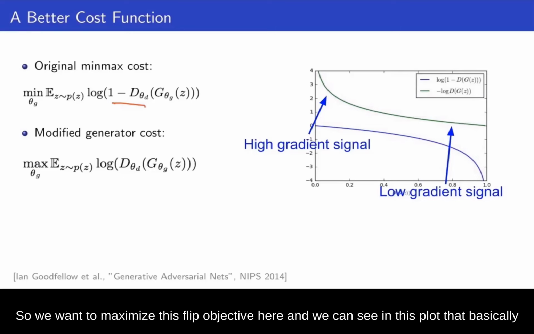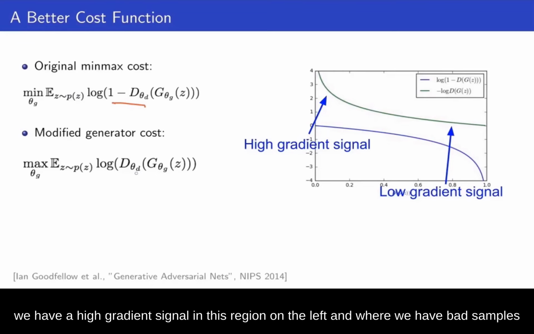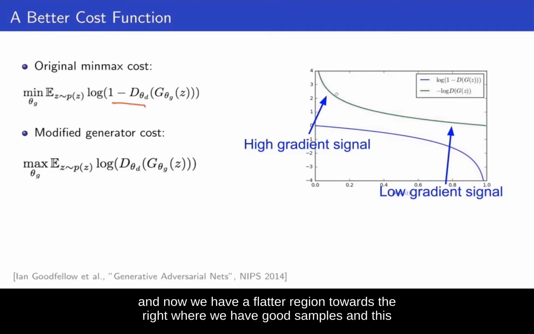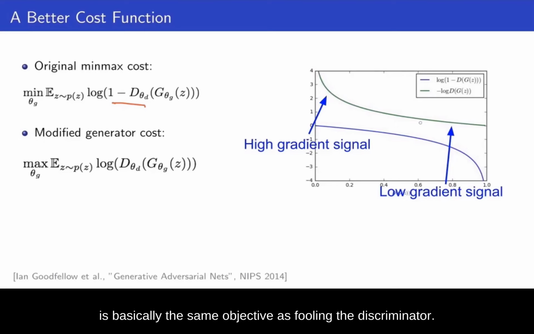So we want to maximize this flipped objective here, and we can see in this plot that we have a high gradient signal in this region on the left, where we have bad samples, and now we have a flatter region towards the right where we have good samples. This is basically the same objective as fooling the discriminator, but in practice, this works much better.